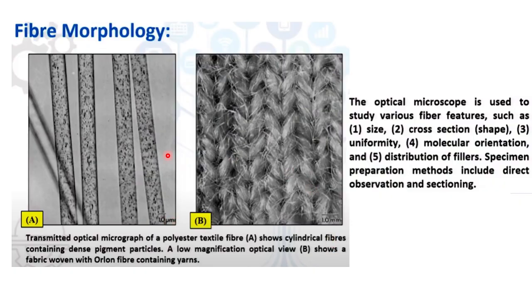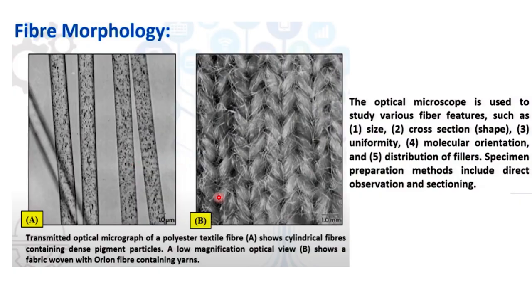At very high magnification you can visualize the single fabric. This is a transmitted optical micrograph of a polyester textile fiber, and this is a woven fabric. If you go up to the 1 micrometer scale, you can see single cylindrical fibers. There is also presence of different pigment particles on the cylindrical fiber that you can visualize through the optical microscope.